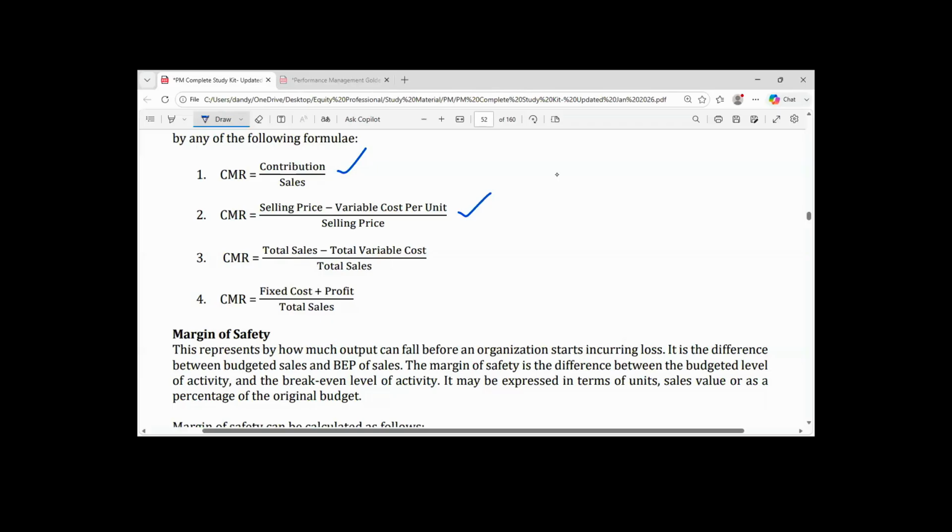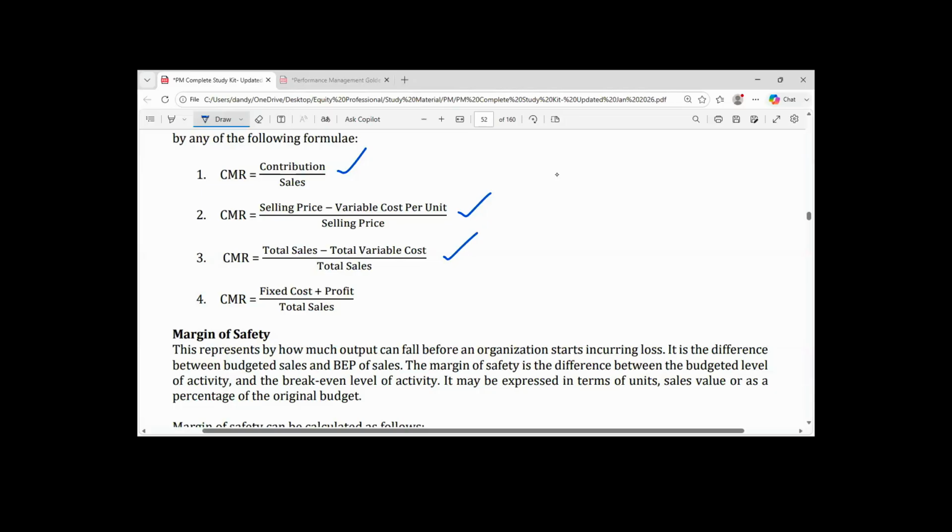If you don't have all the information in formulas 1 and 2, but you are given total sales and total variable cost, then contribution margin ratio will be computed as total sales minus total variable cost divided by total sales. Finally, it is also possible that in the question you may not be given information to be able to calculate contribution margin ratio using formula 1, 2, and 3.